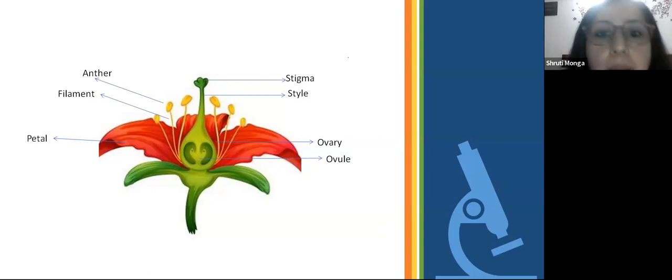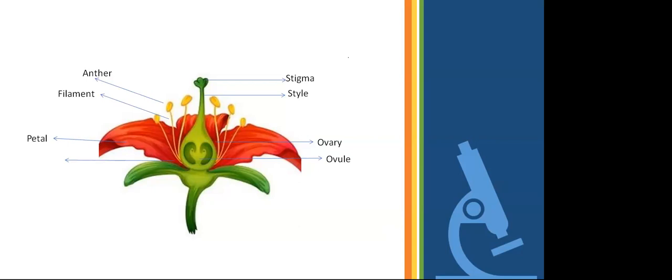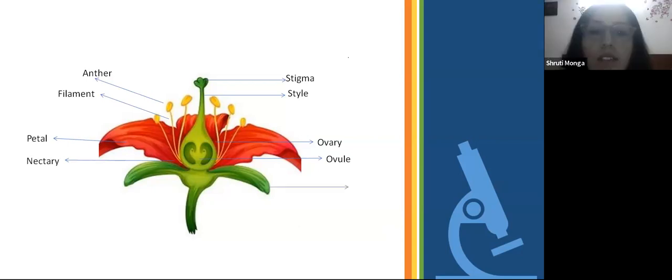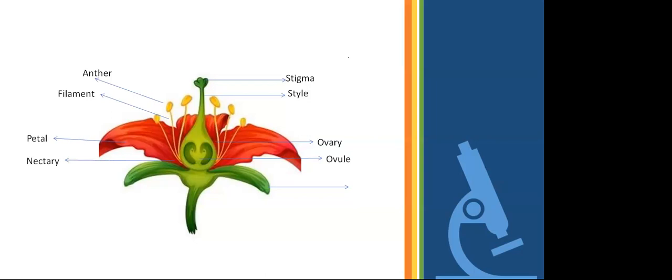Yes, good. Next. Quickly, quickly, quickly. In between the petals, what is there? Nectary. Good. This is what? Quickly. Ma'am, nectar is in female ones, right?